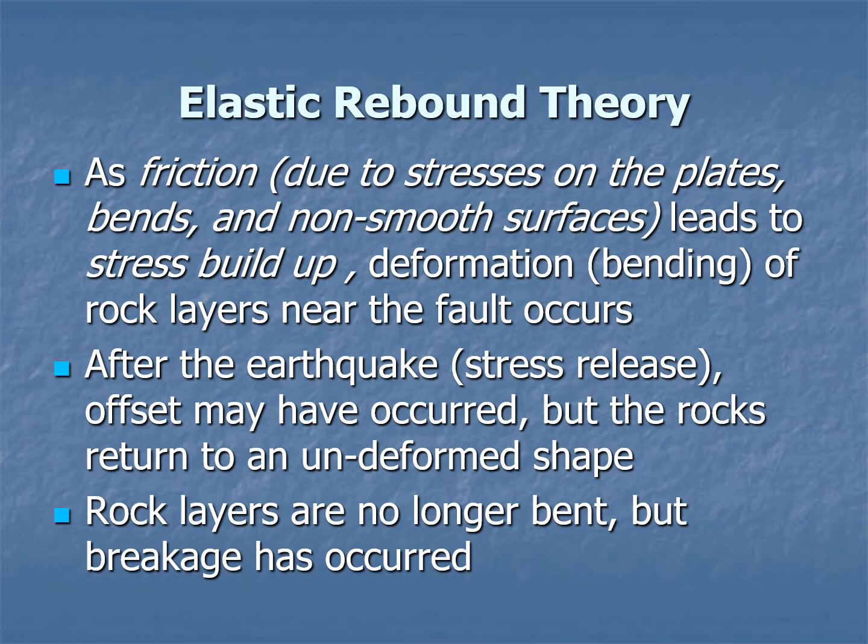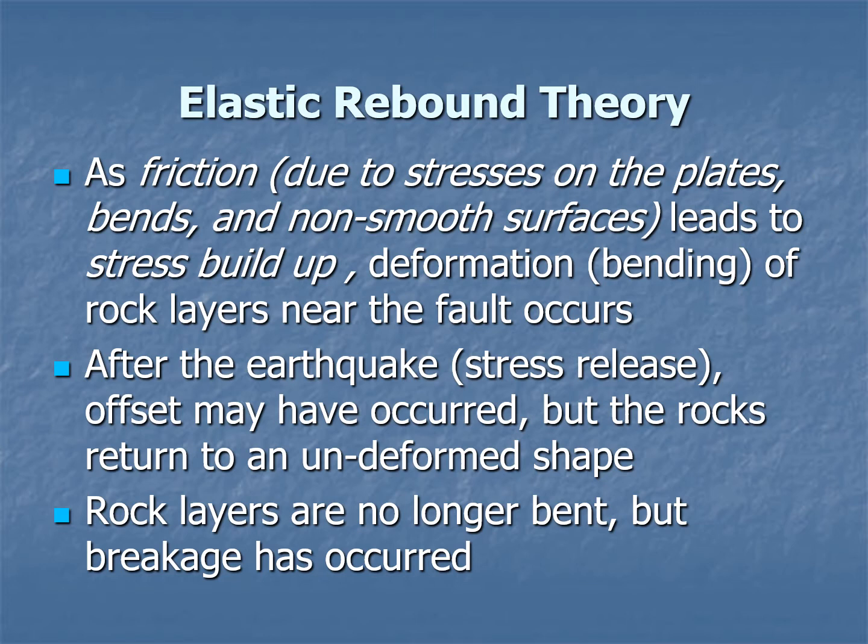And then the elastic rebound theory has to do with the rock deformation. So we say that stick-slip behavior and elastic rebound theory are working together, kind of like Batman and Robin, or peanut butter and jelly. Again, you're going to have friction on the fault plane because they're not smooth, leading to stress buildup. This is going to allow tiny fractures in the rock on either side of the fault plane, so that rock's going to deform and bend.